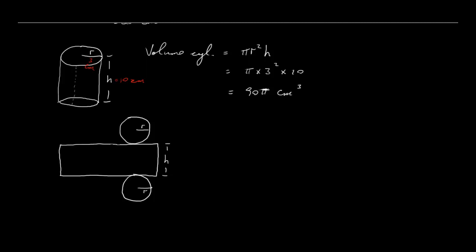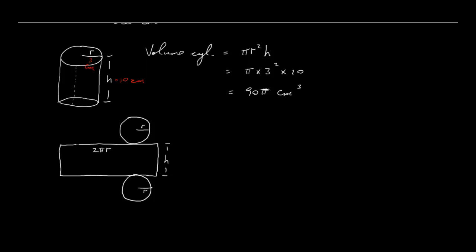Remember, this part of the rectangle is what actually wraps around the circumference of the circle. So in other words, the length along here is just going to be the length of our circle, and we know that the length of a circle is 2 pi r.